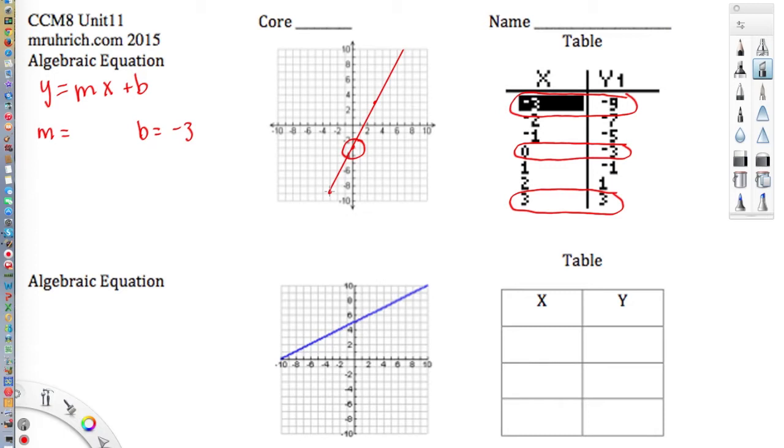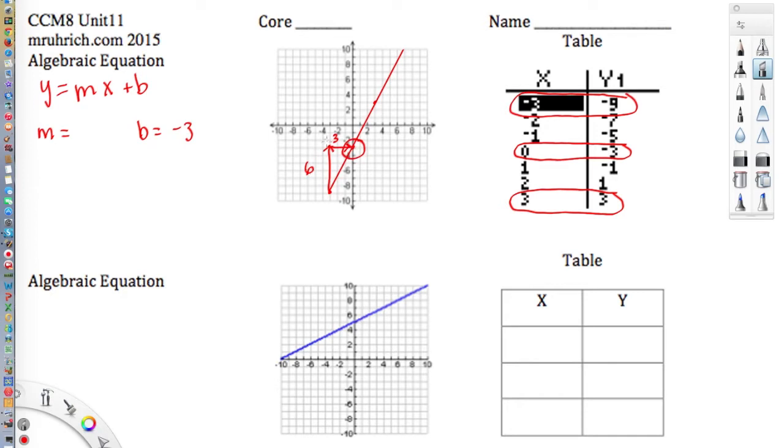When I go from -9 to -3, there is a change of 6. So I'm going up 6, and then I would go to the right 3, because I'm going from -3 to 0.